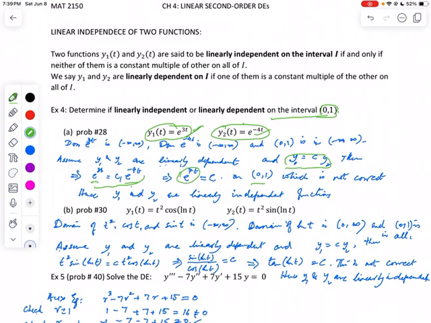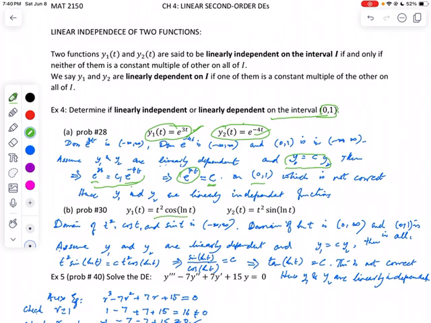But e to the 7t is an increasing function and c is a constant. So an increasing function cannot be the same as a constant function on the whole interval. Therefore our assumption is wrong, so y1 and y2 are linearly independent functions. This is called proof by contradiction.